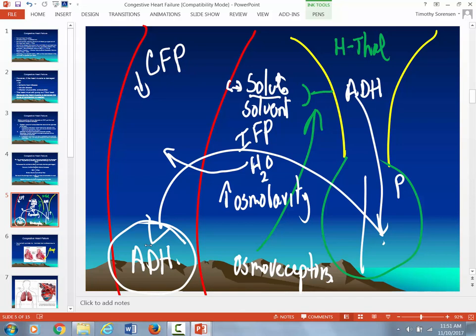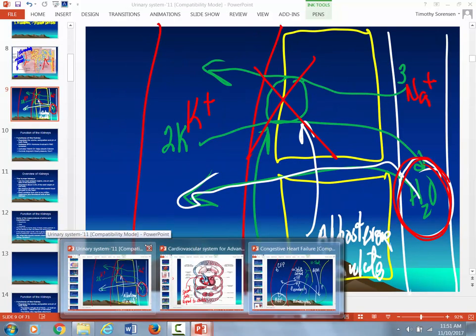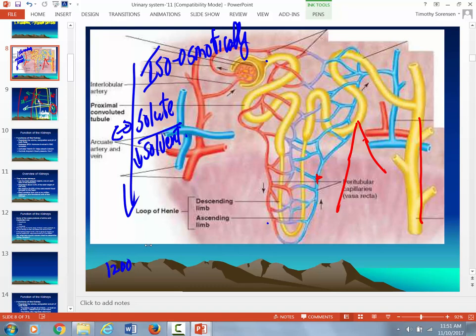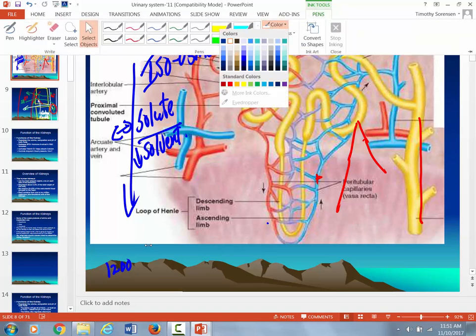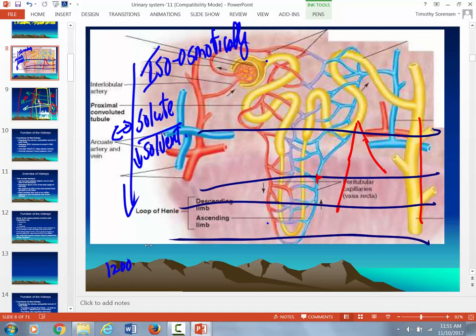And ADH, its primary function, it affects the distal convoluted tubules, but primarily the collecting ducts. Now look. What happens to the osmolarity as you move deeper and deeper into the medulla of the kidney?